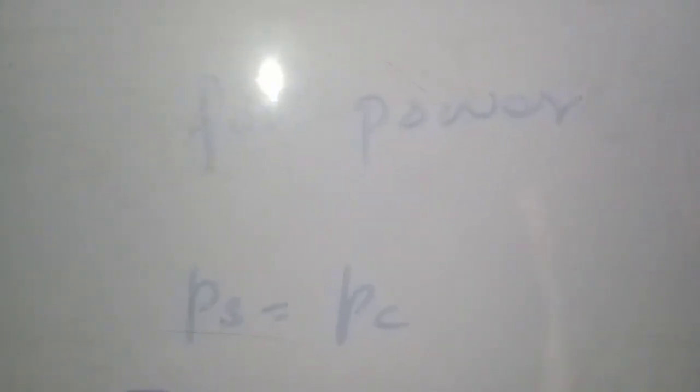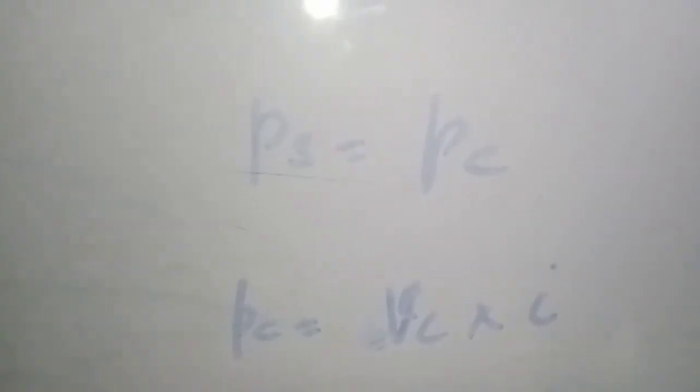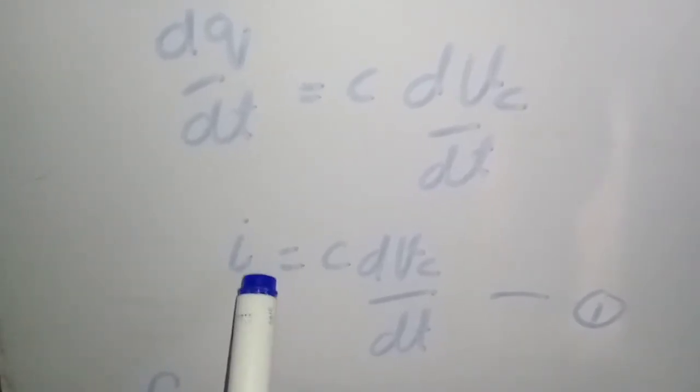Now for the calculation of power, we know that the power delivered by the source is equal to the power consumed by the passive circuit element, because the voltage of the source and the capacitor are the same. So Ps is equal to Pc, and Pc is Vc i. For the current, we saw in the previous example that i is C dVc/dt. So I put in the current: Pc equals C Vc dVc/dt. Multiplying both sides by dt, Pc dt equals C Vc dVc.